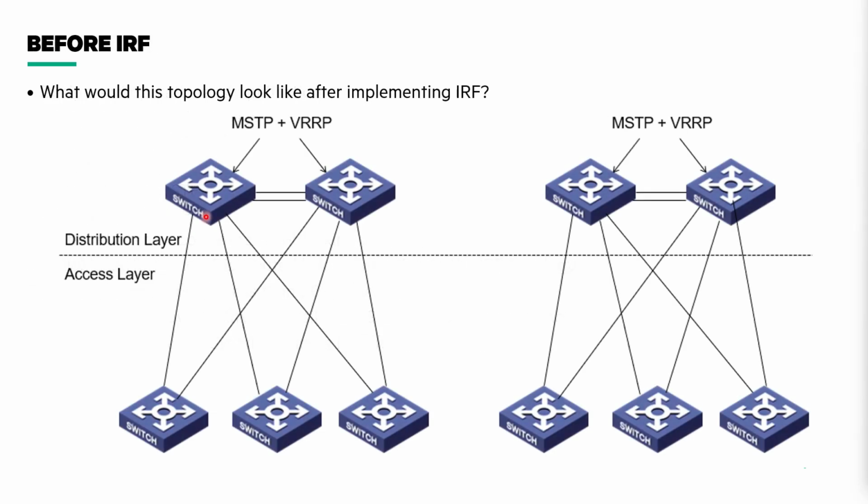So before the IRF stack, you might have needed to use MSTP, multiple spanning tree, and VRRP. Once you stack, in this case you cannot really use any link aggregation because these switches are separate devices.